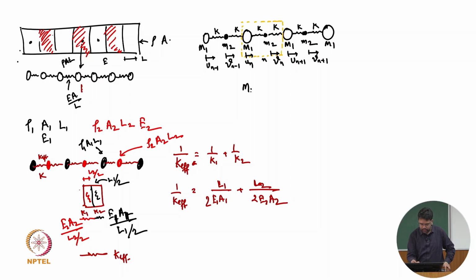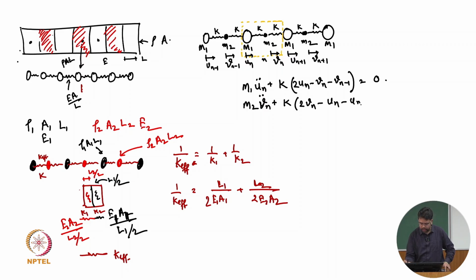So what can I write? m1 un double dot plus k into 2 un minus vn minus 1 is equal to 0, and m2 vn double dot plus k into 2 vn minus un plus 1 is equal to 0.